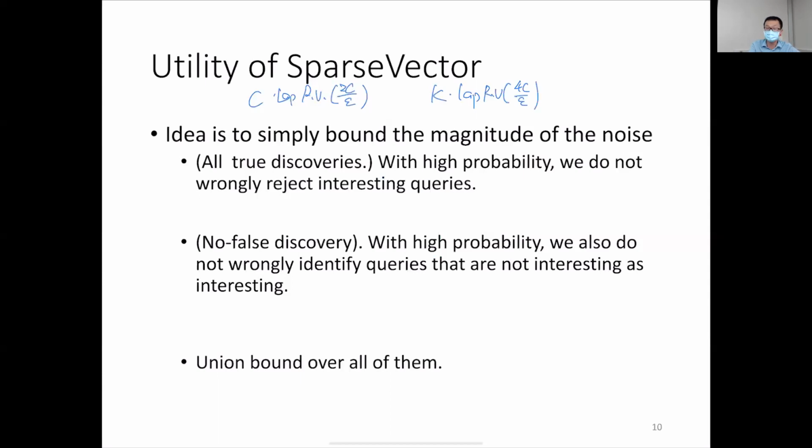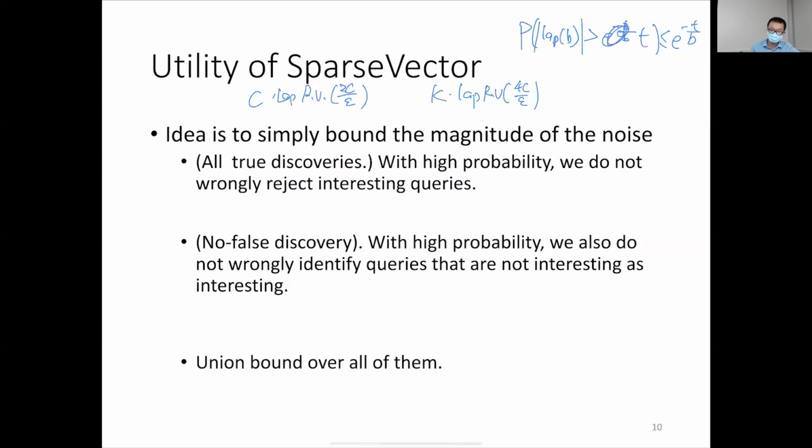By the tail bound of the Laplace random variable, which we learned in the last lecture, the probability that the absolute value of a Laplace random variable is larger than t is smaller than e to the power of minus t over b.